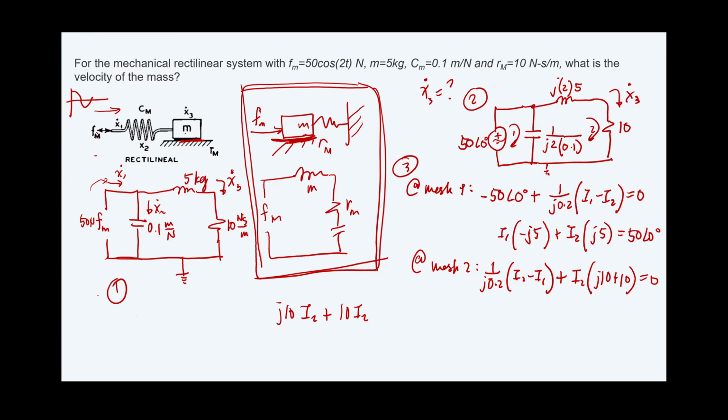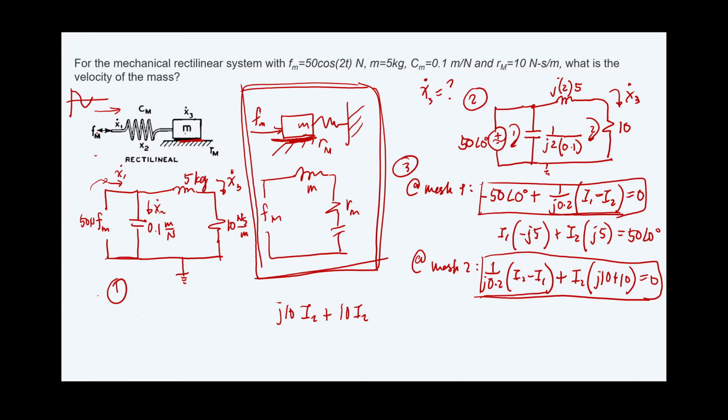Okay, actually given this equation here, we can cancel out the two equations by adding them. You see, because this term here is the same as the term here, except that the I2 here is negative and the I1 is positive. So if you add that, you can actually continue and use the substitution method.